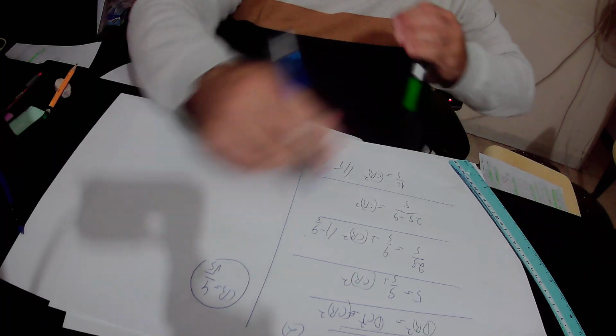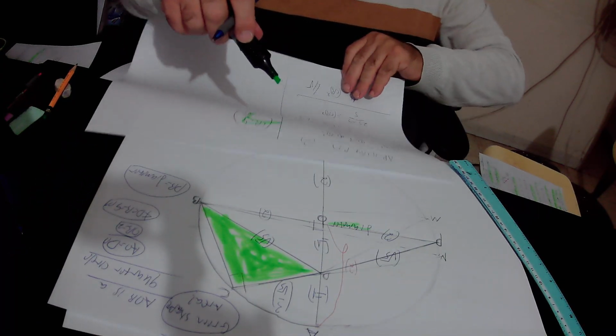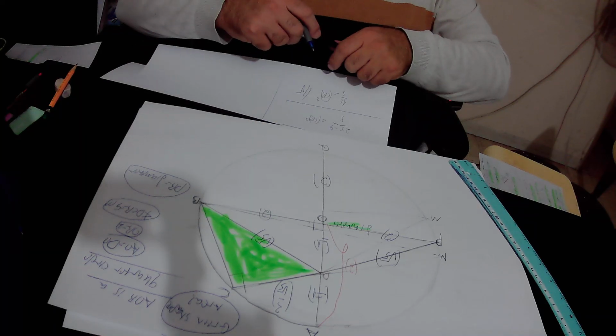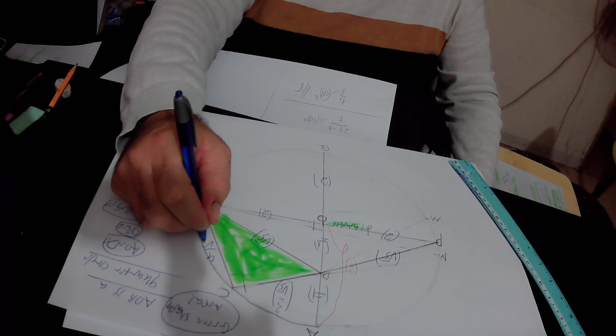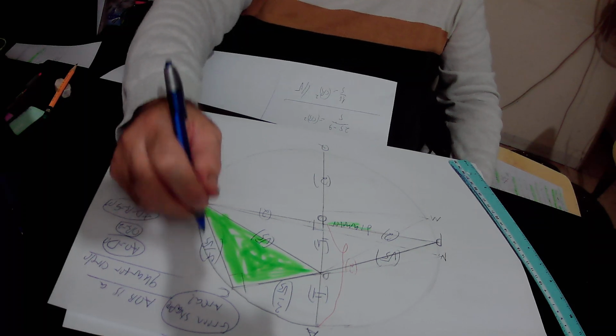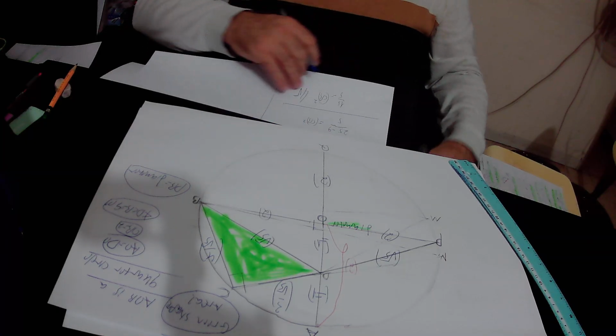So we found out that the missing side CB, or again I write this CB, this is the missing side CB, is equal to 4 over square root of 5 units in length. Now you can find out easily the area of this DCB.